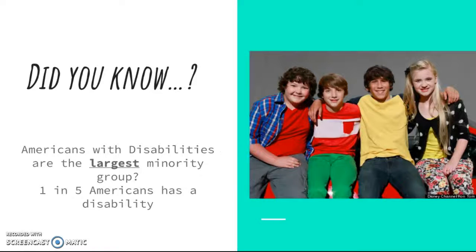Just some facts: Americans with disabilities are the largest minority group. 1 in 5 Americans has a disability, so it just goes to show that there are many people that have a disability and that we need to encourage that they are just as equally valued as we are.